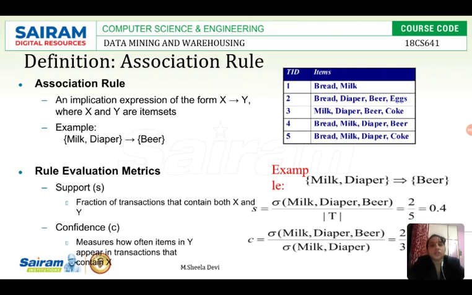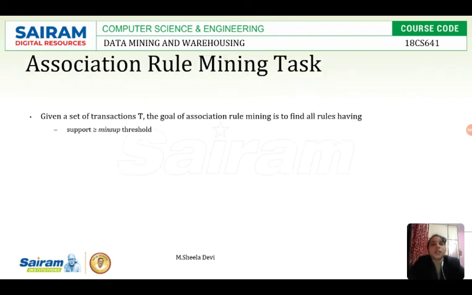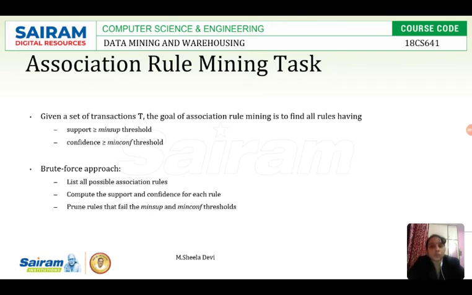For every association rule I calculate the support and confidence, and check whether support is greater than the minimum support threshold and confidence is greater than the minimum confidence threshold. Whichever satisfies both is accepted. Other association rules that do not satisfy these 2 conditions are rejected. I call that the brute force approach.